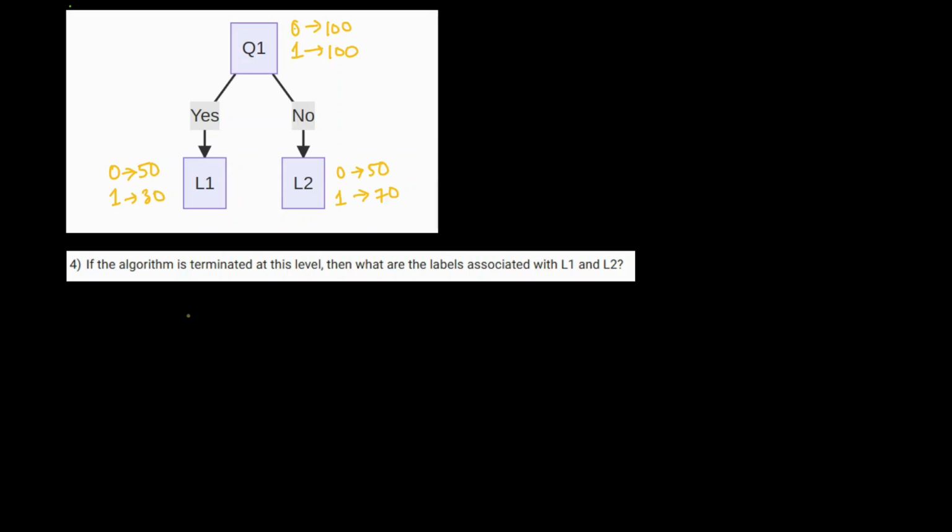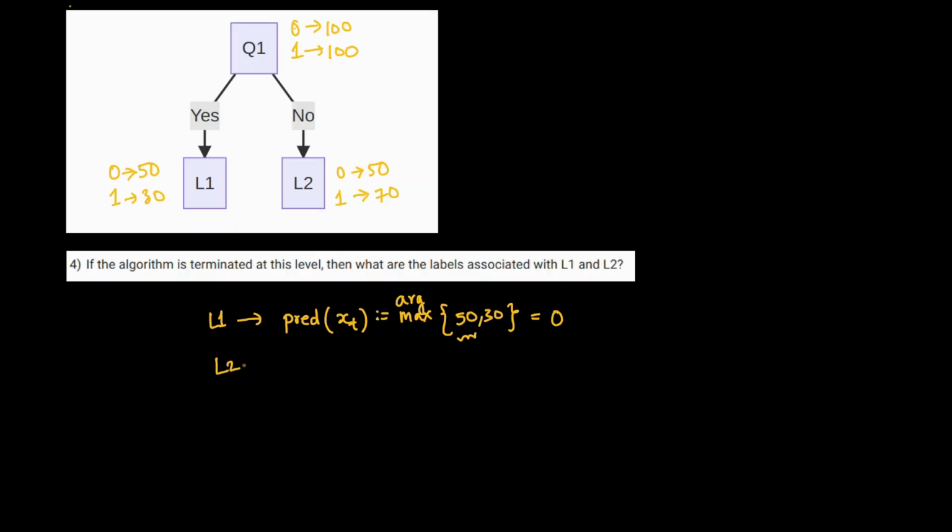As per the decision tree algorithm, any data point that reaches L1 will be given a predicted value. The prediction for xt will be the maximum of 50 and 30, or you can say the argmax of 50 and 30. The maximum is 50, so this will be given the label 0.